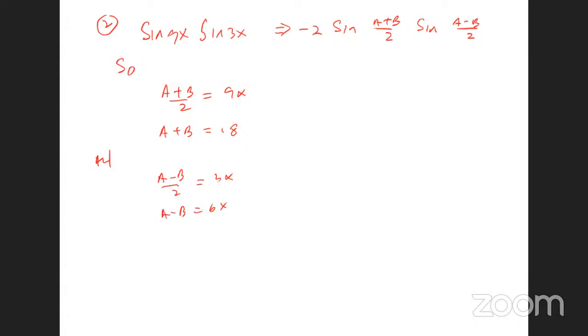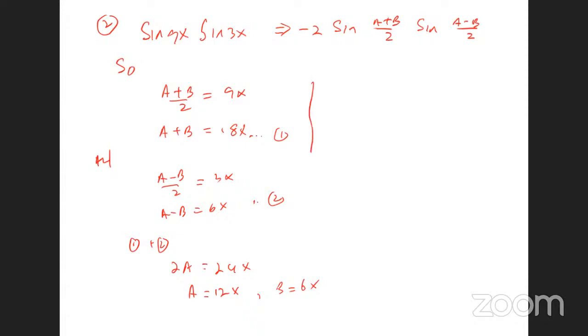If we add both of them, we get A plus A is 2A, B minus B is 0, 18x plus 6x is 24x. So it means that A is equal to 12x, and it also means that B is equal to 6x. You okay with that?